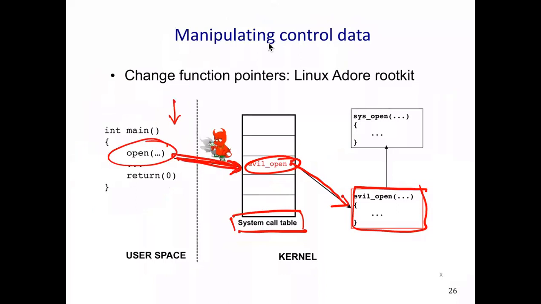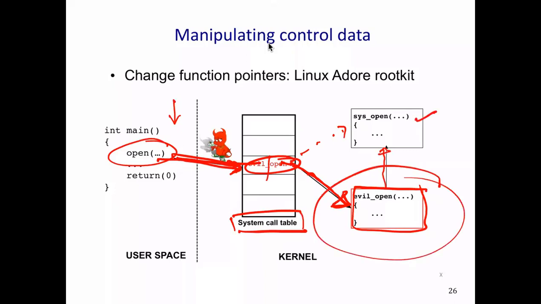The table will have a pointer corresponding to the open system call, because it has open. It will surely have a pointer. So instead of pointing to the correct routine, it will point to the malicious routine, and then of course finally control will be transferred to the actual routine, so that nobody will come to know of the existence of this one.